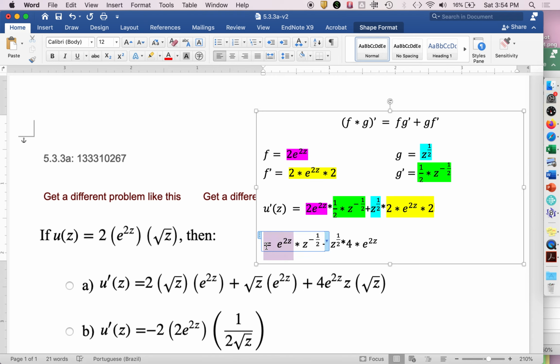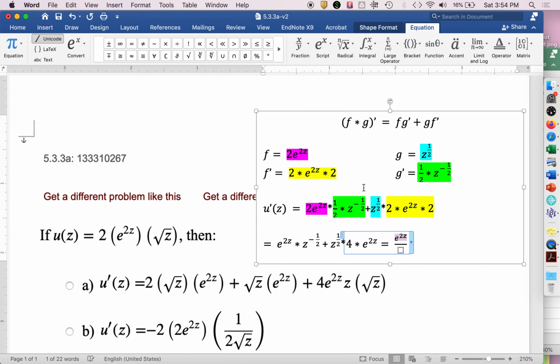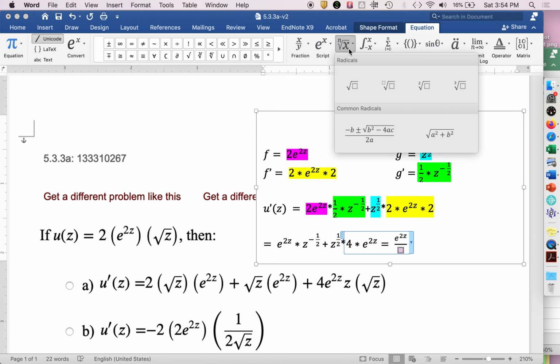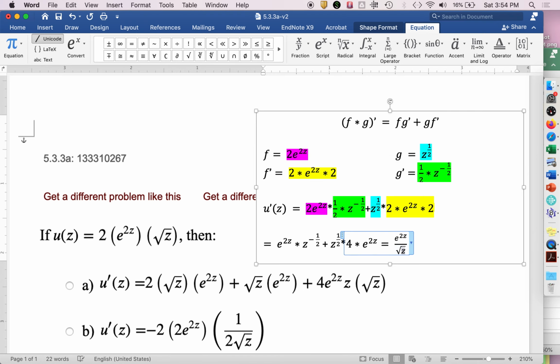So I could actually say that this is equal to e to the 2z divided by the square root of z, and then plus 4e to the 2z times the square root of z.